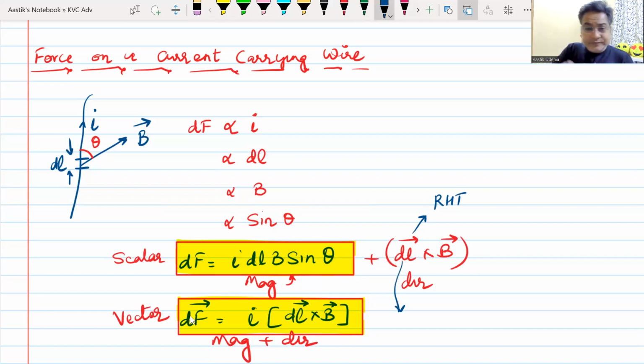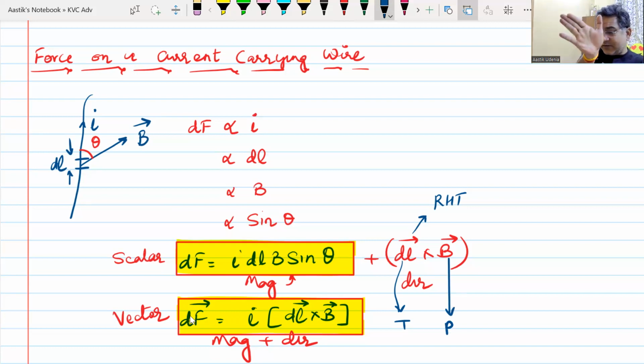Your thumb will go in the direction of the current carrying element. Right now this current carrying element is up. Your palm will go in the direction of the magnetic field.